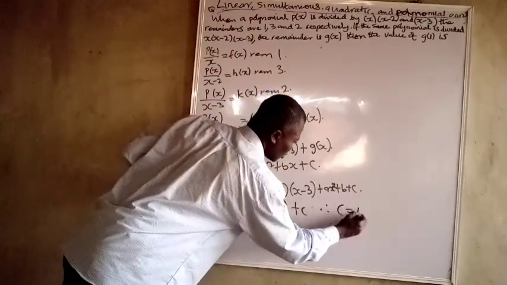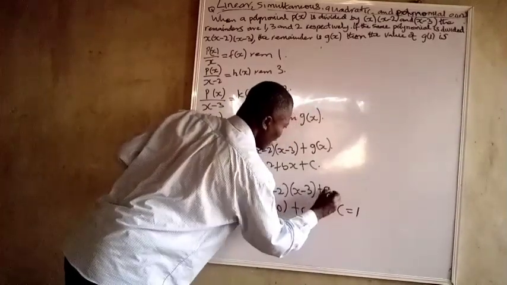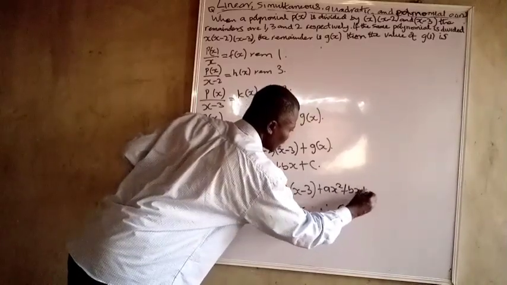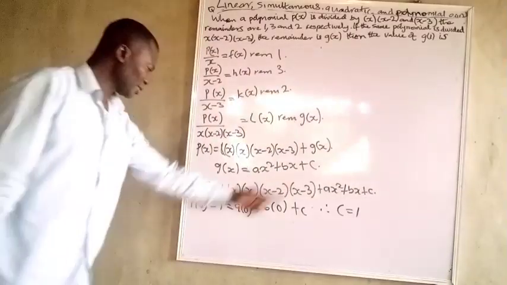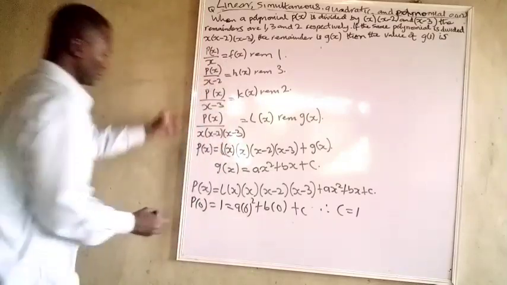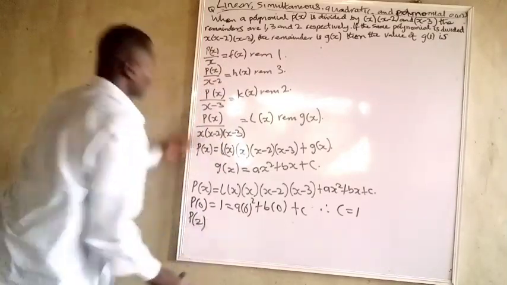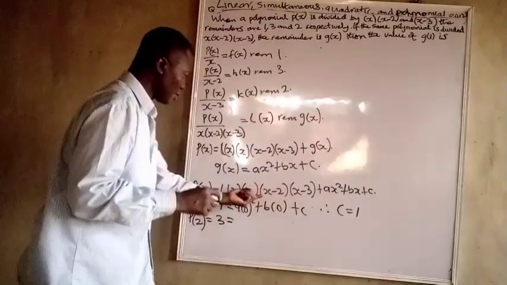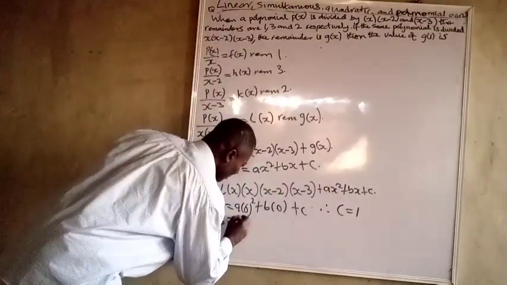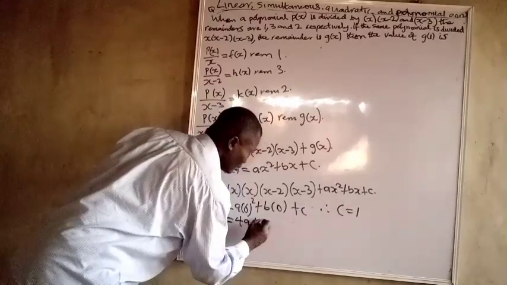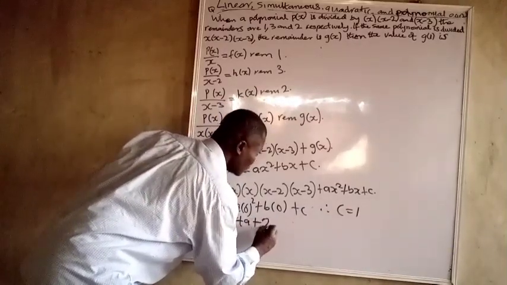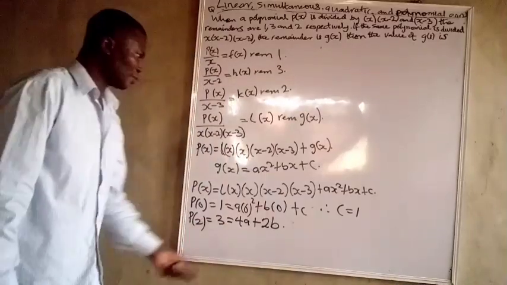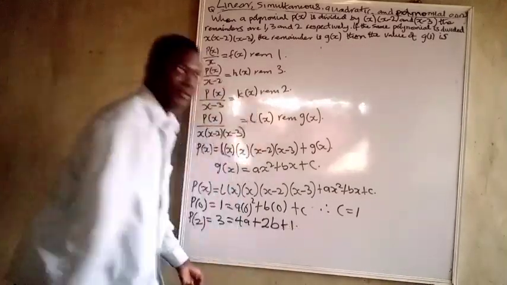Therefore, c equals 1. Then I have gotten c. Now for when it is 2, p(2), because using remainder theorem, it's going to be 3, and I'm going to have everything here be 0. So this one will be 4a + 2b. So 3 equals 4a + 2b + 1.